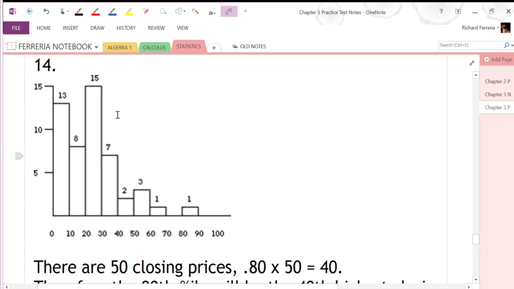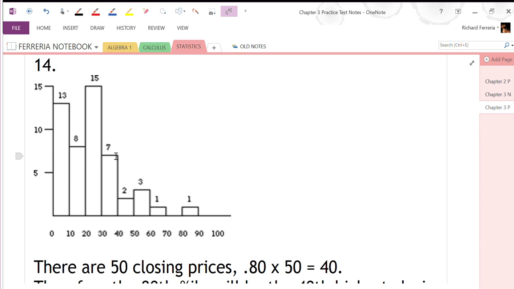So 40 is somewhere between that 43, which would be here, and the 36, which is here. So that 40th one should be one of these 7 scores. We don't know which of the 7 scores. The safest thing for us to say is the 80th percentile, which would be the same thing as saying the 40th score, is somewhere between 30 and 40. Okay? $30 and $40 closing price, somewhere between there.